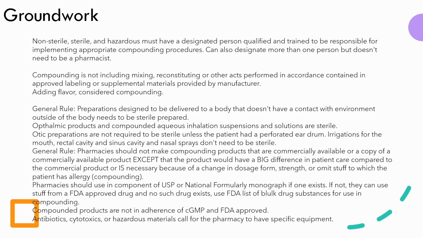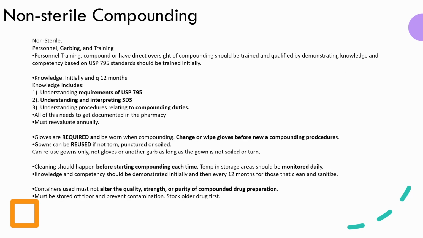It's important to note that compounded products are not subject to CGMP and FDA labeling, which is an important delineation when it comes to outsourcing facilities. Antibiotics, cytotoxic, and hazardous materials call for the pharmacy to have specific equipment. We're going to talk more about 797 and 800 in this presentation.